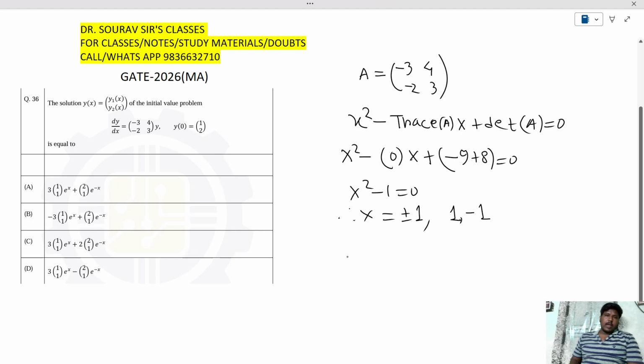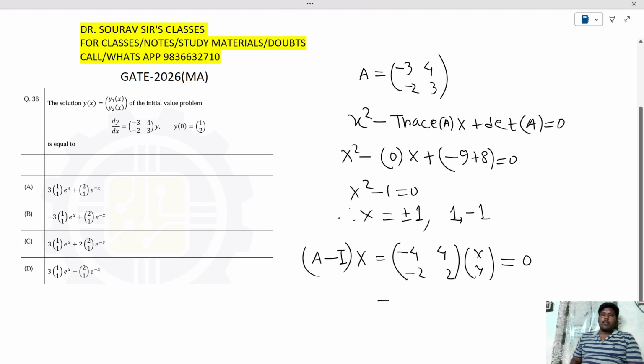So the corresponding eigenvector हम लोग कैसे निकालेंगे? So (A minus I)x equals to 0. A minus I क्या होगा? So this matrix A minus identity, so [-4 4; -2 2] times (x, y) equals to 0.